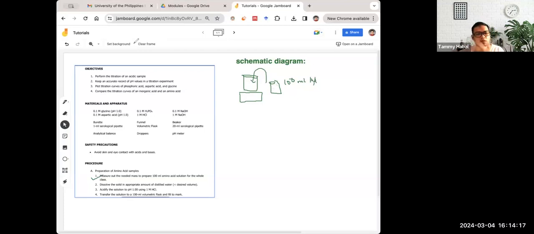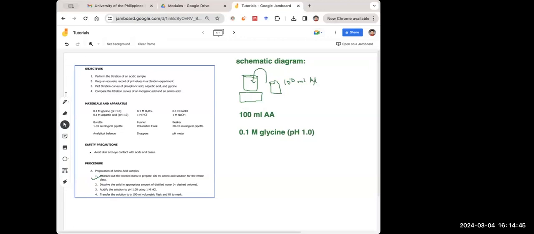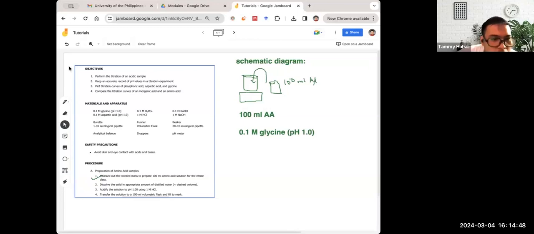So how would you do that? You have your 100 ml of your amino acid. What are your amino acids? Say 0.1 M of glycine, at pH 1.0. How would you prepare 100 ml amino acid? Is there a formula for it? So the formula for that.